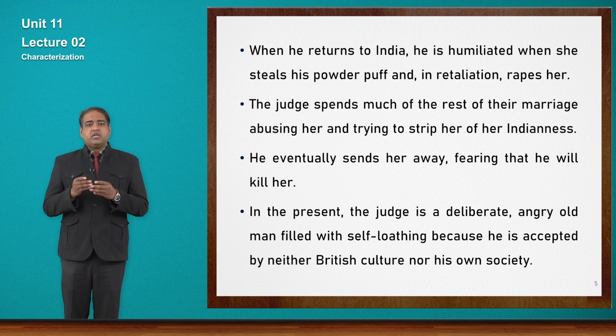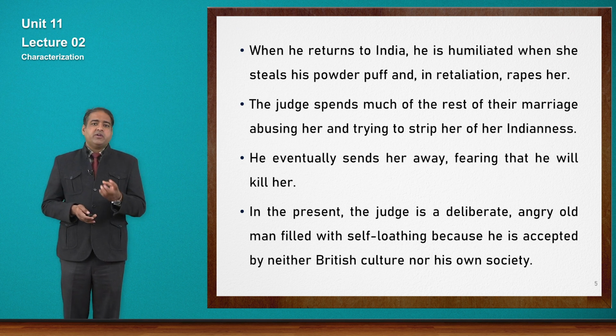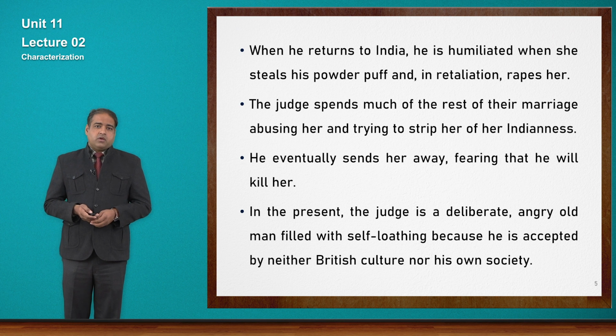Friends, when the story comes back to the present, comes out from the flashback of the judge, we came to know that still the judge is a frustrated person. He is an angry old man. He is filled with self-obsession. He thinks that he is always right. He does not want to listen to others.